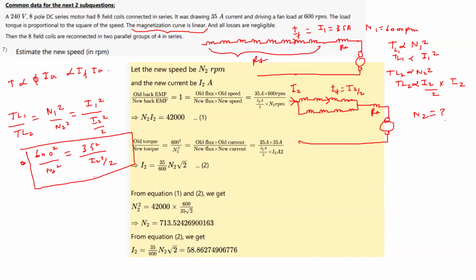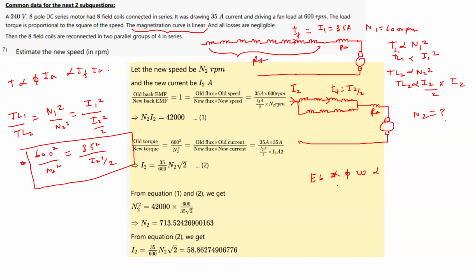Now what we will do is use another equation, of back EMF. Okay, now what is the back EMF? Back EMF is proportional to phi into omega.